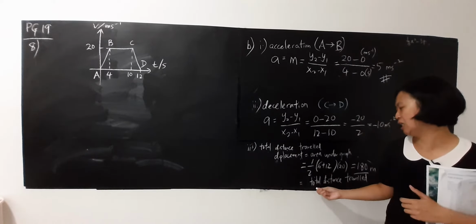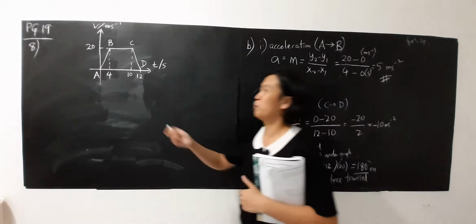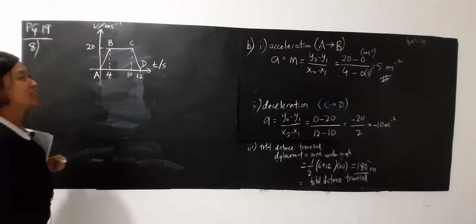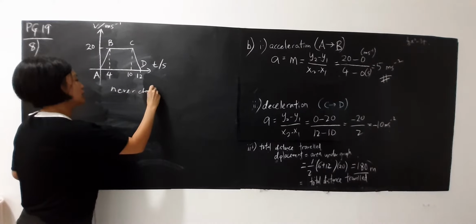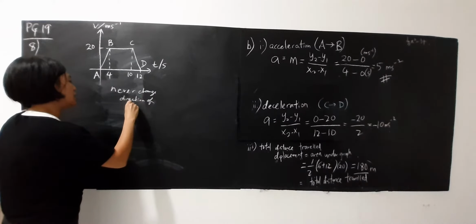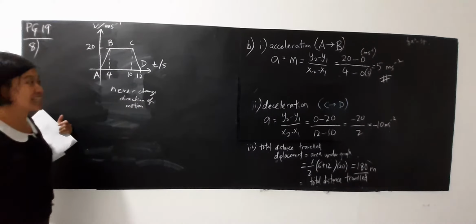And in this question, I can say the value for the displacement actually equals the total distance traveled. Why? Because I can say that the object never changes direction of motion. Why am I so confirmed about this fact?